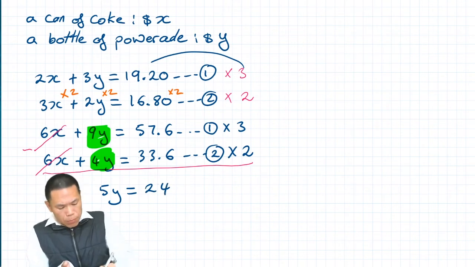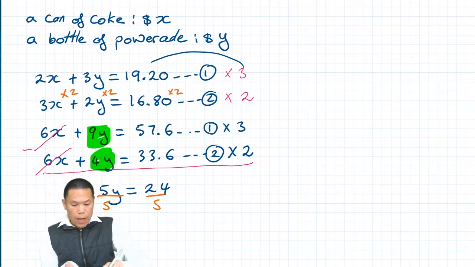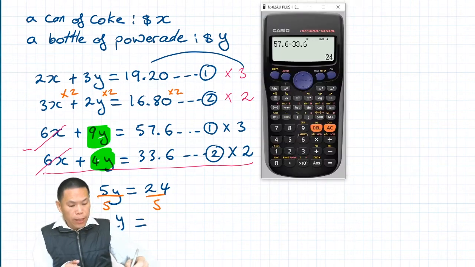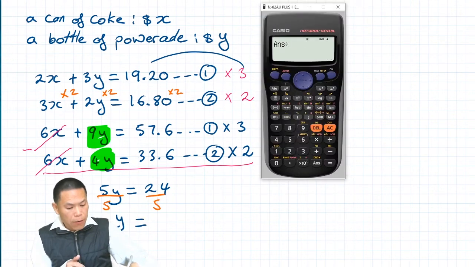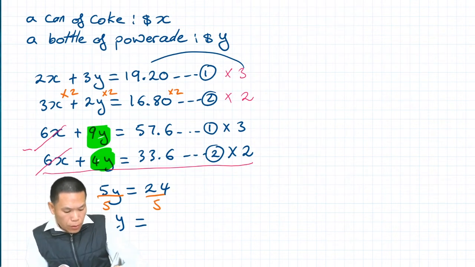Then I divide both sides by 5, and y is equal to the answer divided by 5. There you go, 4.8.